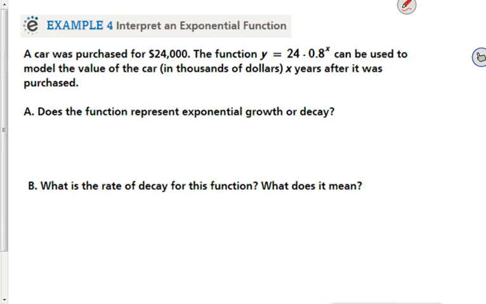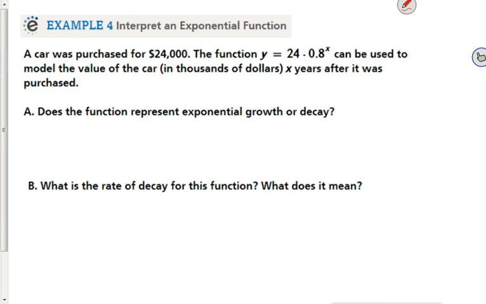So we'll take a look at one more here, example 4 out of the book. This one says, a car was purchased for $24,000. The function y equals 24 times 0.8 raised to the power x can be used to model the value of the car in thousands of dollars x years after it was purchased.